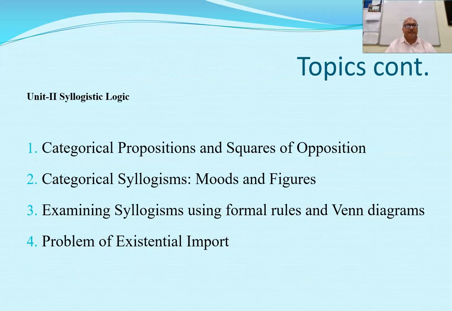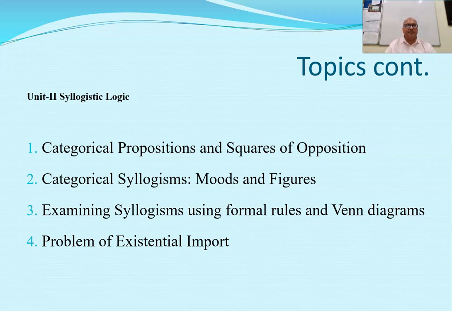Then we will move on to categorical propositions, the propositions which are of certain kind. We will learn their definition and the relationship between different kinds of categorical propositions. Then we will see what kind of arguments we develop when we use categorical propositions.